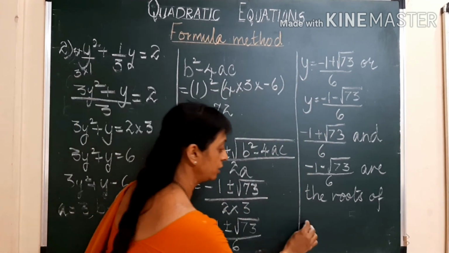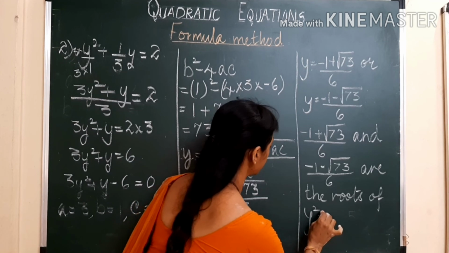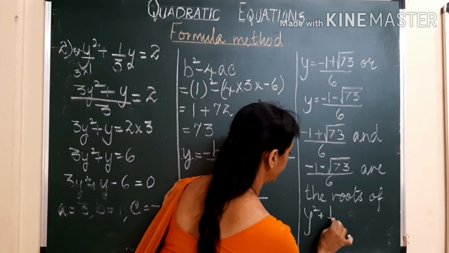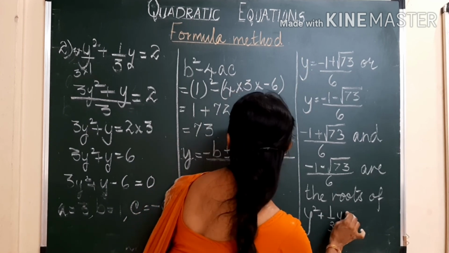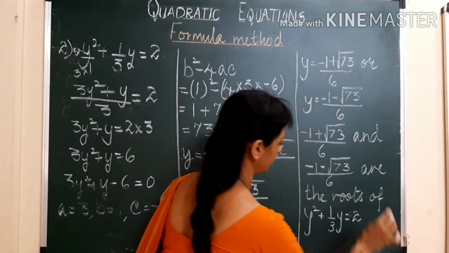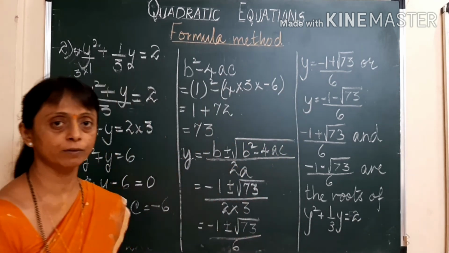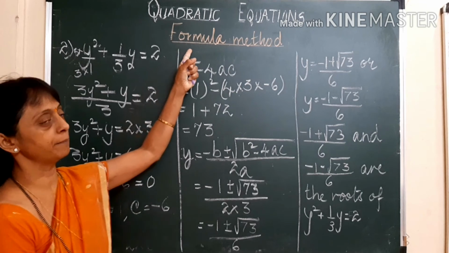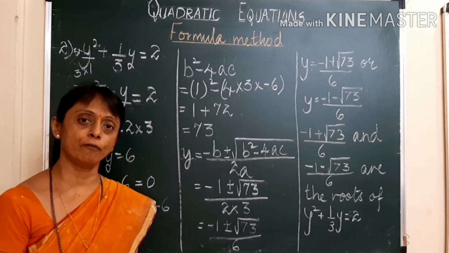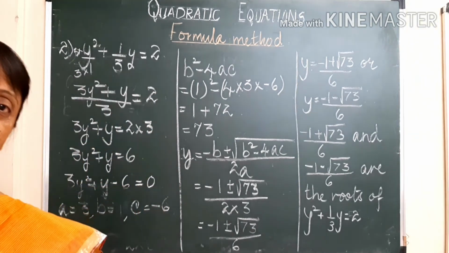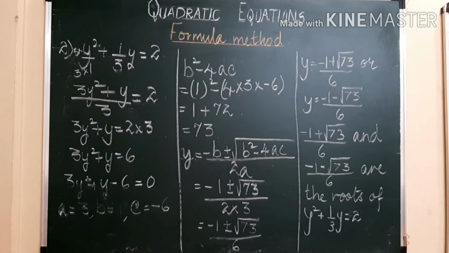Of the equation y square plus 1 upon 3y, which is equal to 2. So which method did we use over here, children? We use the formula method to find the roots of the quadratic equation in that problem.